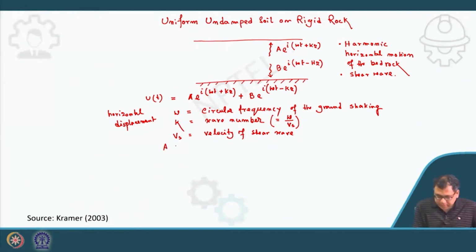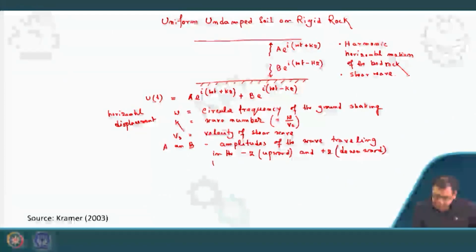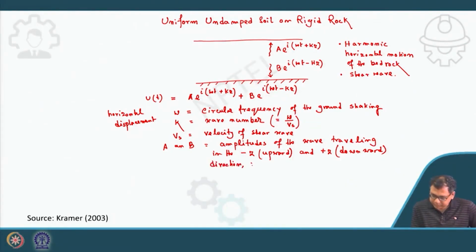Clear? And A and B are the amplitudes of the wave traveling in the minus z direction, that is upward, and plus z direction, that is downward, respectively.